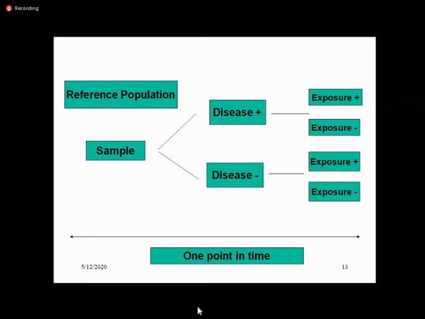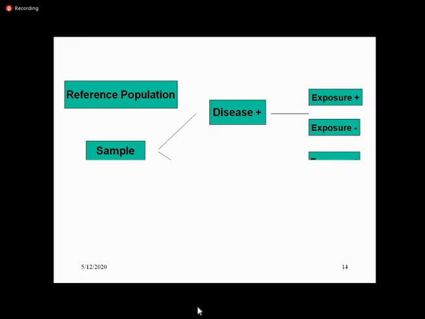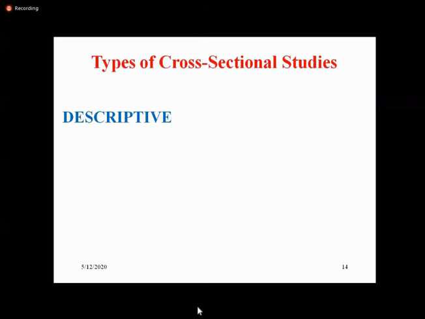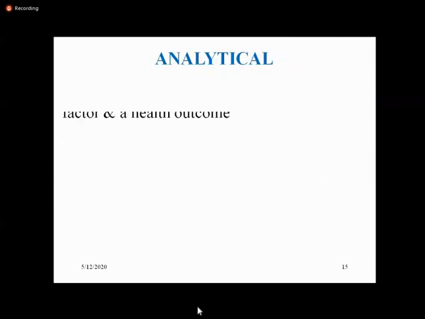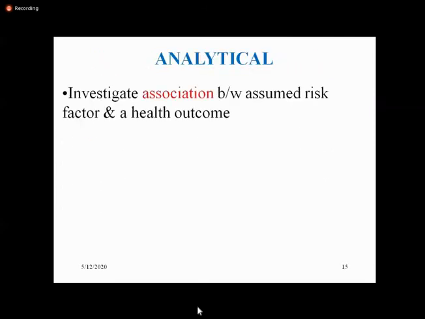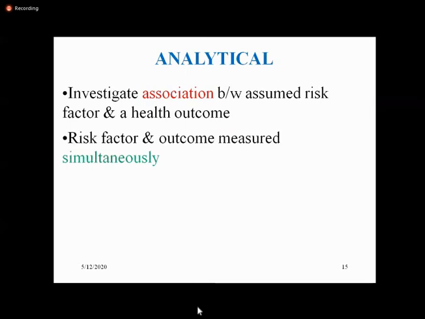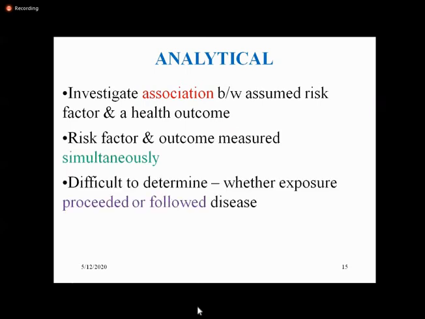So basically, it is a one-point-in-time evaluation of a population in a short period of time. I told you cross-sectional studies have many types: descriptive and analytical, because sometimes cross-sectional study is also part of observational studies. It depends upon the type of cross-sectional study.